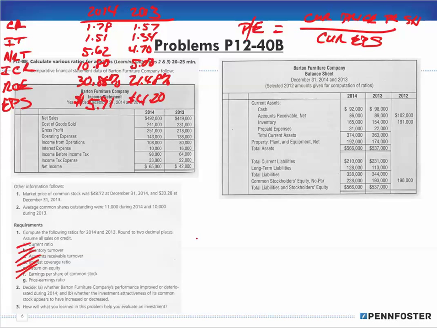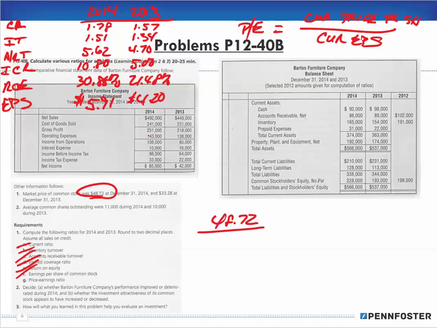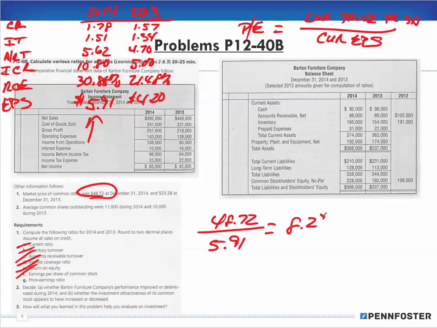So our current price is $48.72, and we just calculated the earnings per share of $5.91. That gives us a price to earnings ratio of 8.26 for 2014, and the price in 2013 was $33.28, and the earnings per share was $4.20, and that gives us 7.92.